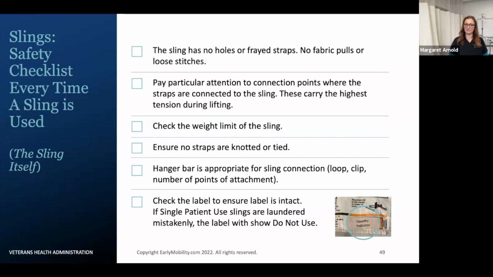Check the weight limit of the sling. Ensure that none of the straps are knotted or tied. Make sure the hanger bar is appropriate for sling connection, whether it's a loop, a clip, or a lock and loop sling, and the number of points of attachment. Check the label to ensure it is intact. If the single patient use sling is laundered mistakenly, the label will show "do not use" or a laundry indicator.